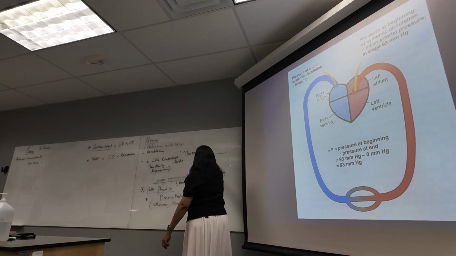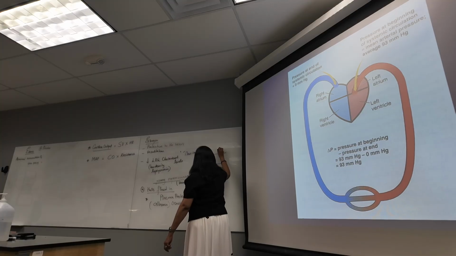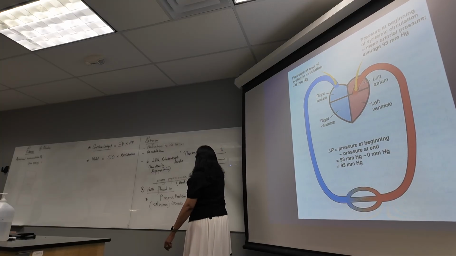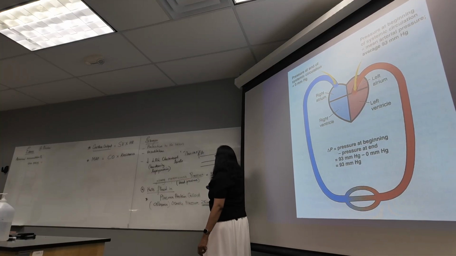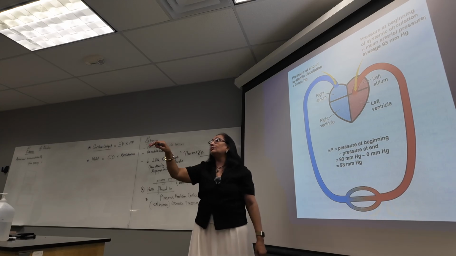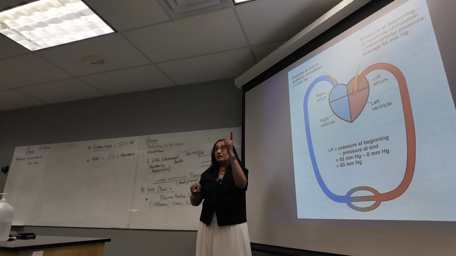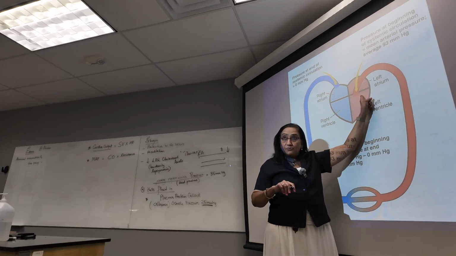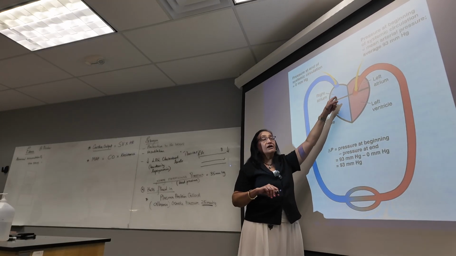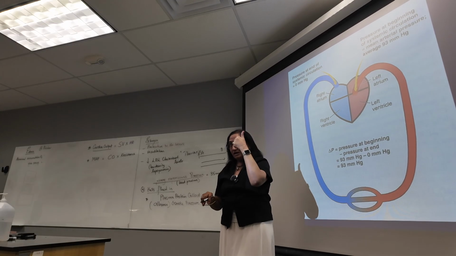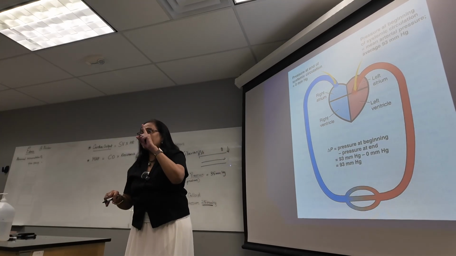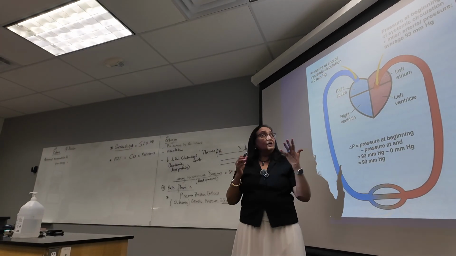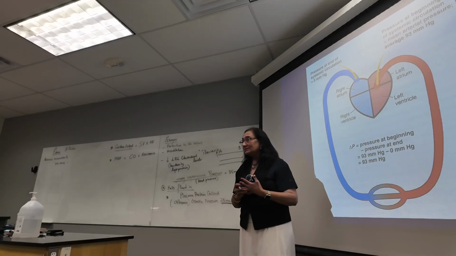If you want fluid to flow from A to B, you know that pressure on this side must be high and on this side must be low, then only will the liquid flow. So in order for blood to flow, you need a high pressure here and a low pressure here. Blood flow is dependent on the pressure difference. Whatever works best for you to remember things.